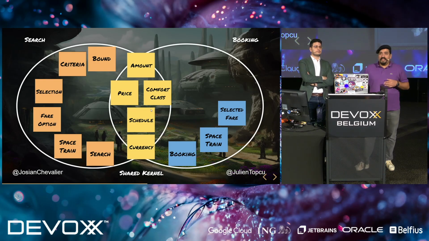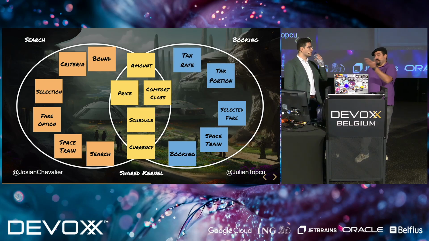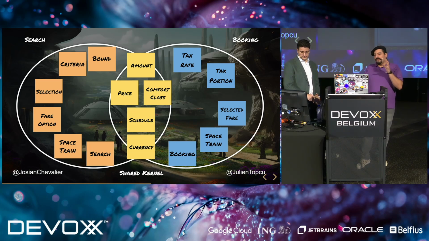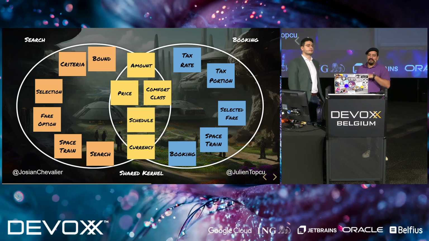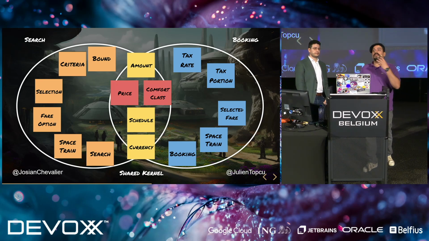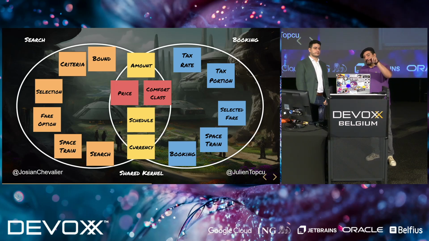Here, we've created a new feature, which is the tax portion computation, which introduces new concepts inside the booking, such as the tax rate and the tax portion. It also creates some kind of pressure on the price and comfort class of the shared kernel because they have to take into account these new concepts. But if you put them inside these classes, you will create a model tension.